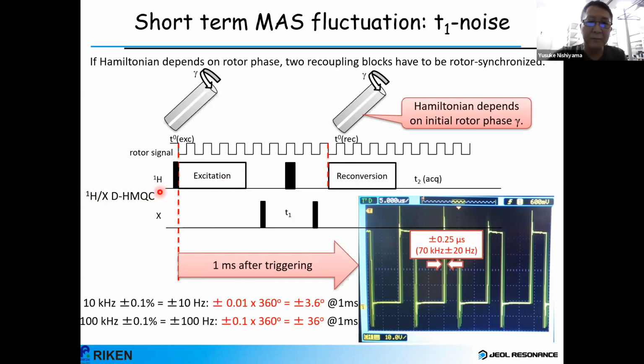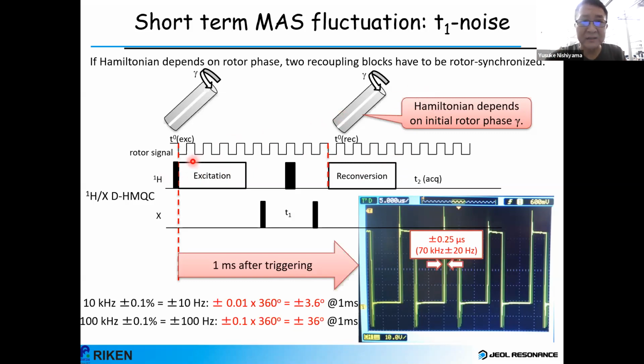If you look at the proton channel, HMQC is essentially just a spin echo experiment. In order to make the perfect echo at the end of the sequence, we have to apply the same Hamiltonian at the excitation period and the reconversion period as well. Then, if you look at the Hamiltonian, it actually depends on the initial rotor phase, or gamma angle.